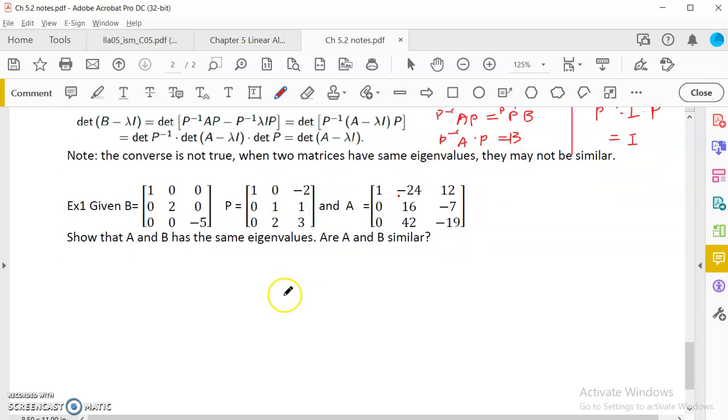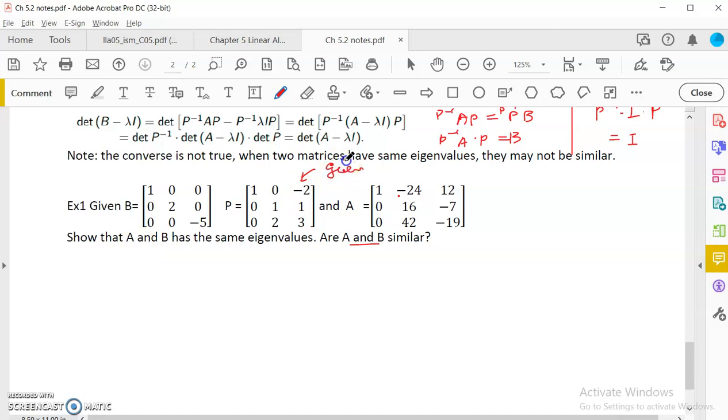So let's do an example. I have a matrix B and a matrix A, and for some reason I can find P. Let's verify that A and B are similar, and this is the B that is given.